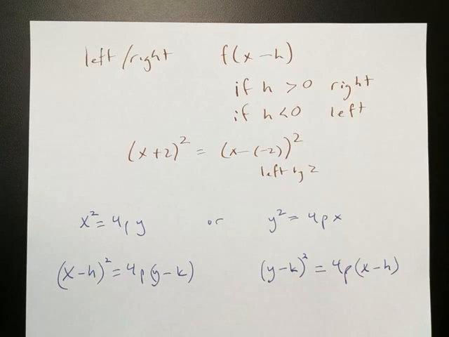Now, what change does this make to my parabola? Well, it moves the parabola up or down by k, moves it left or right by h. Let me go back to the pictures we were looking at a minute ago. What that moves is all the points, but it moves the point that was 0, 0.